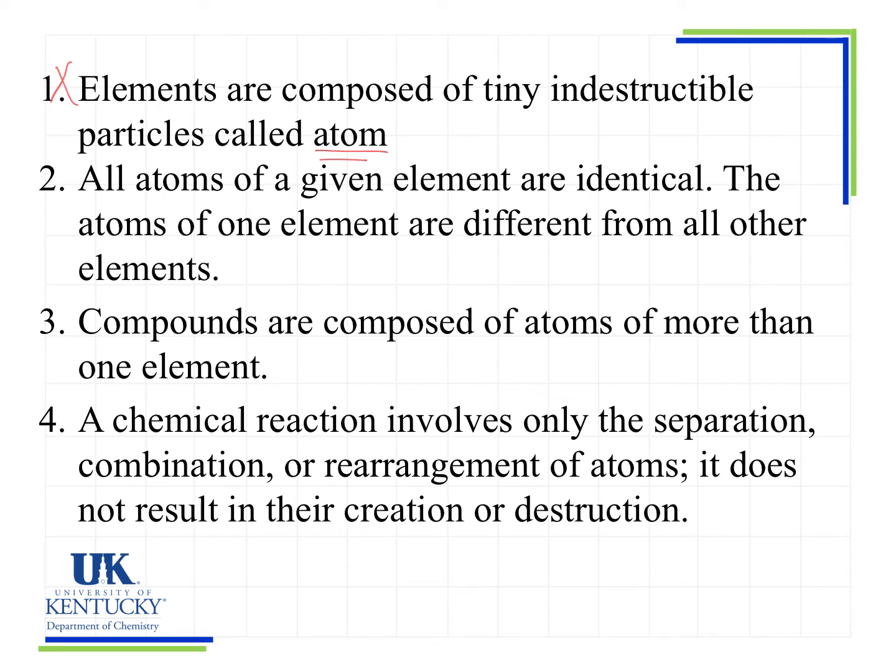For the second one, it says all atoms of a given element are identical. You will learn later in this course that we have isotopes, where the same element can have different types of atoms.